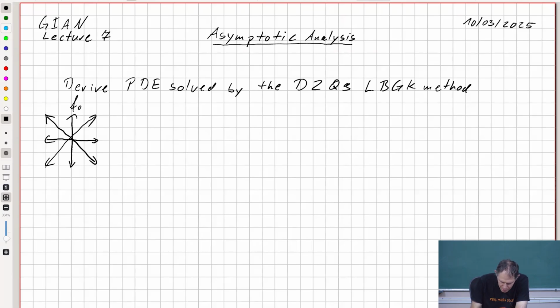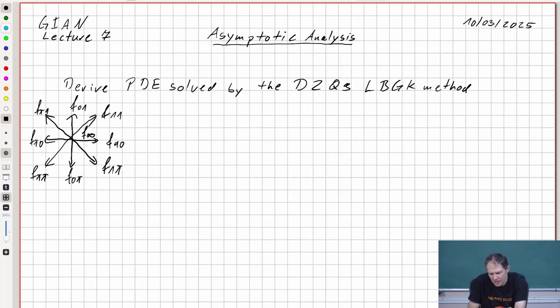We have the populations f01, f0 minus 1, here of course f10, f minus 10, f minus 1, 1, f minus 1, minus 1, f1, 1, and f1, minus 1, and of course f0,0.